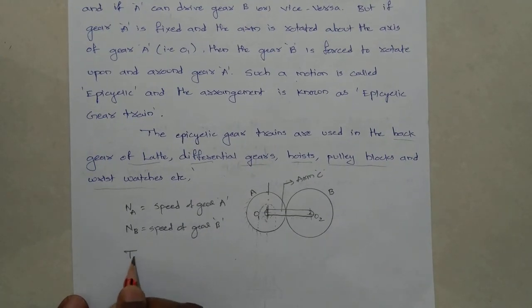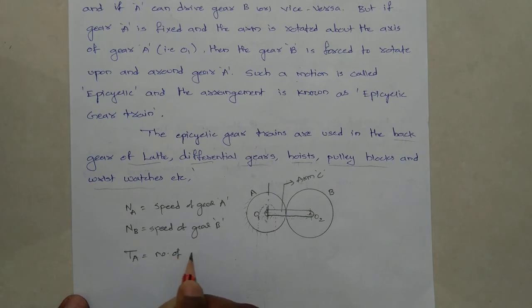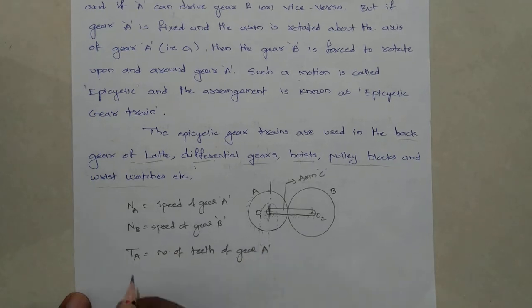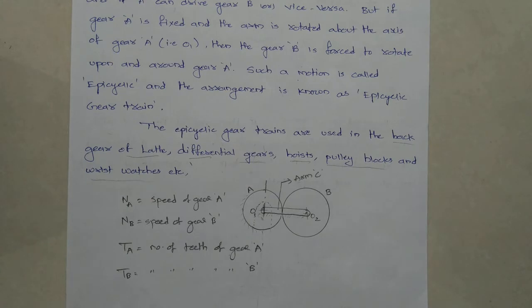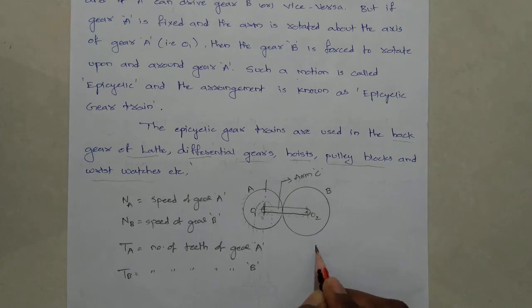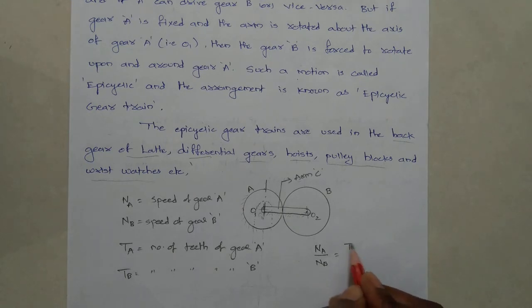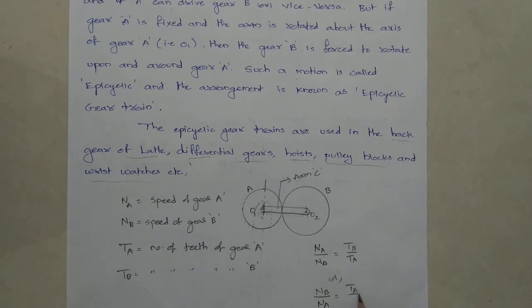Let TA be the number of teeth of gear A and TB be the number of teeth of gear B. So according to the simple gear train, we know that the velocity ratio of speeds NA by NB is equal to TB by TA, or we can also write it like this: NB by NA is equal to TA by TB.